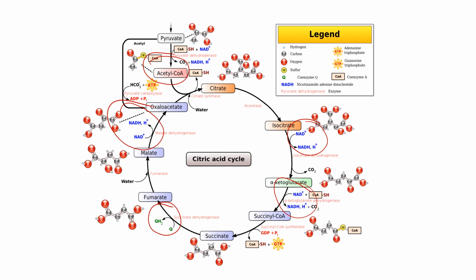And in doing so, in 3 of those oxidation steps, we gain NADH. In 1 of those oxidation steps, we gain an FADH. So ultimately, for 1 round of this cycle, we get 3 NADH and 1 FADH.